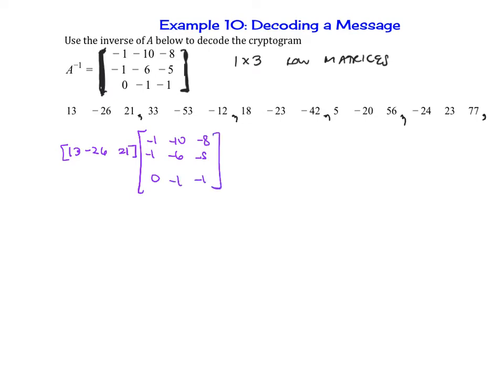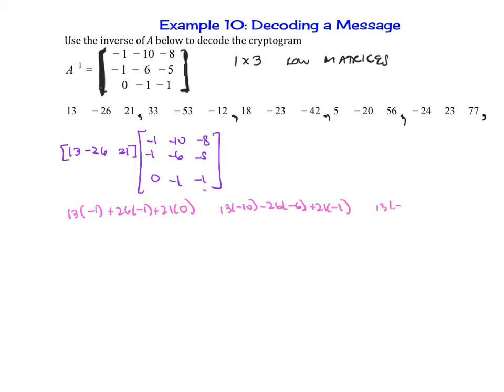Just to show my work here, to start this off, it's the row by the column: 13 times -1 plus -26 times -1 plus 21 times 0. Then we have 13 times -10 minus 26 times -6 plus 21 times -1.